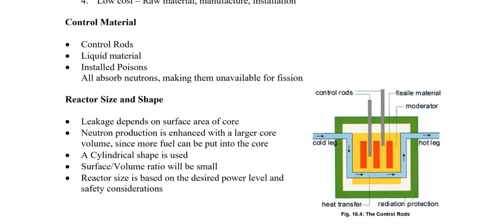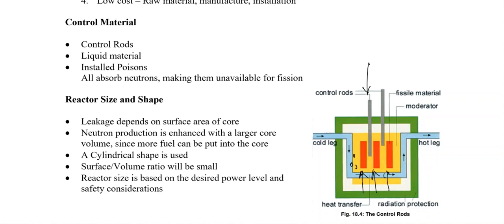Once you insert the control rod in a nuclear reactor, we have nuclear fuel rods. Nuclear fuel rods are bombarded with neutrons, and when bombarded with neutrons, they produce heat and release heat to a coolant.